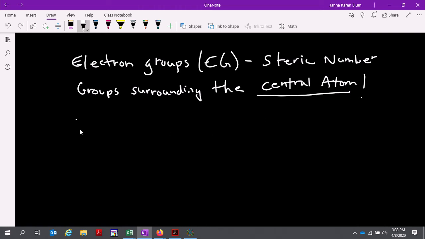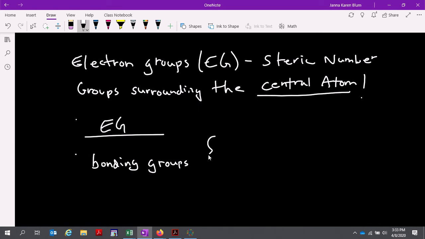So how do we define an electron group? We have 2 types of electron groups. We have bonding groups, which can be either a single bond, a double bond, or a triple bond.